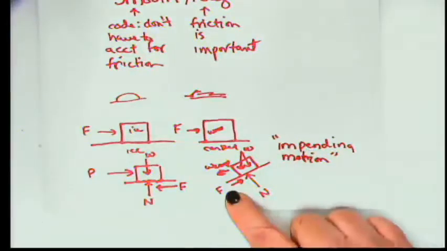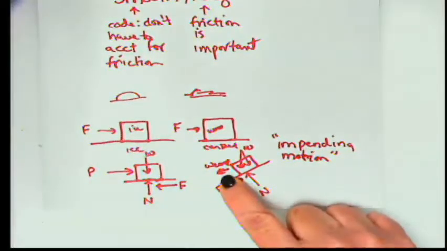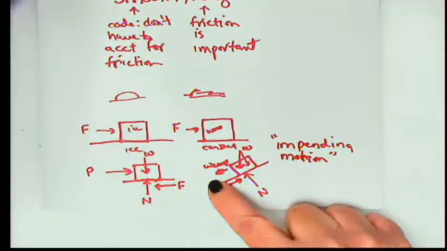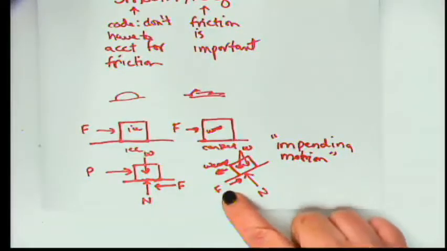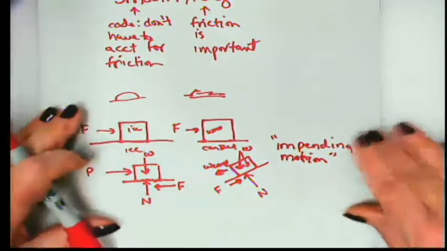And at that point, whatever the component of weight is encouraging the block to move down the plane is overcoming the force of friction keeping it in place.